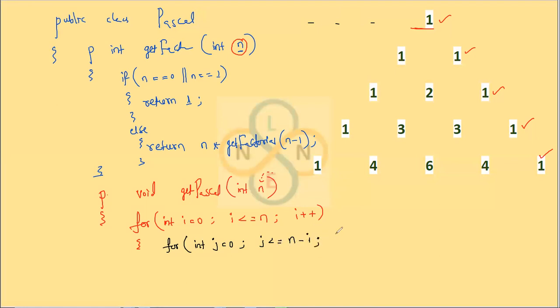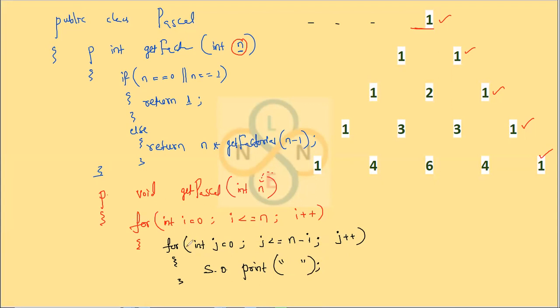Then j is supposed to be incremented by 1 every time. The purpose of this j loop is only to print spaces, and to print in the same line or next line? Same line. Therefore, System.out.print we are supposed to use, not println. So print one space in double quotes. That's the purpose of this first for loop.